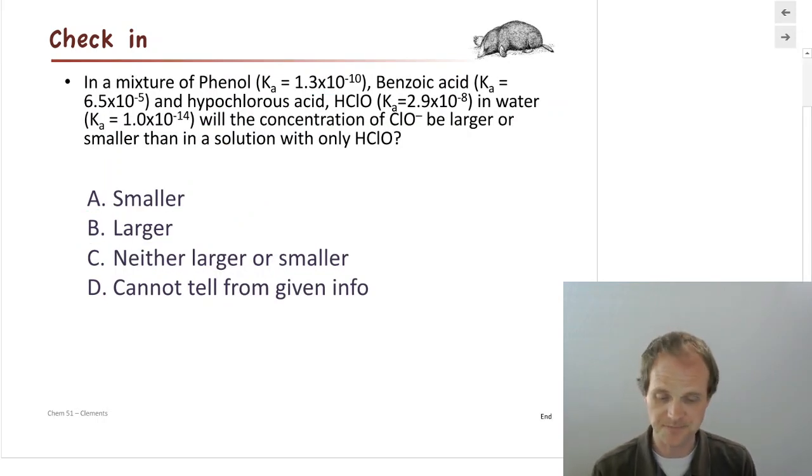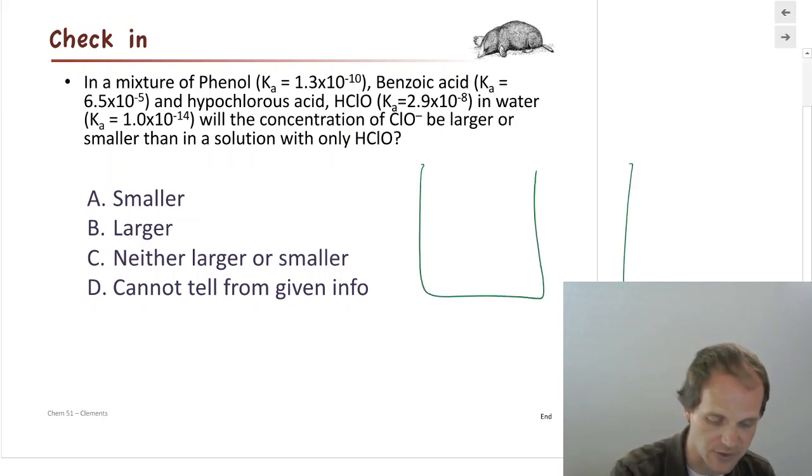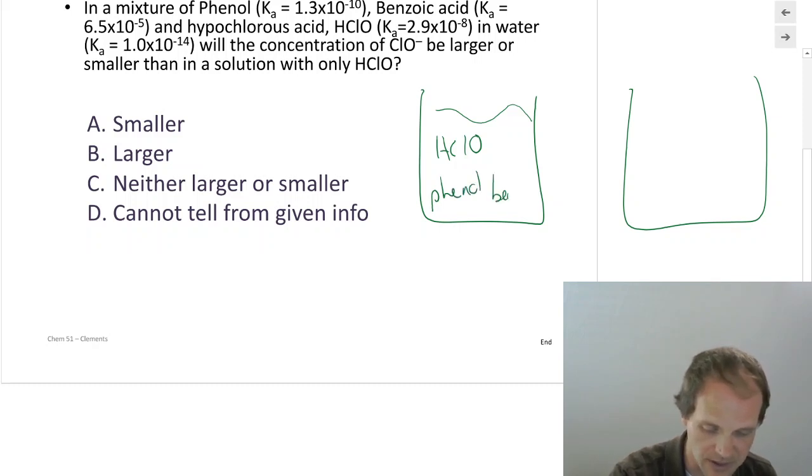Now, here's a question. In a mixture of phenol, benzoic acid, and hypochlorous acid, same as the last problem, what is the concentration of ClO minus? Will it be larger or smaller than in a solution with only HClO? Let me draw that for you so you know what I mean. Here we've got our mixture, with our HClO, our phenol, and our benzoic acid.